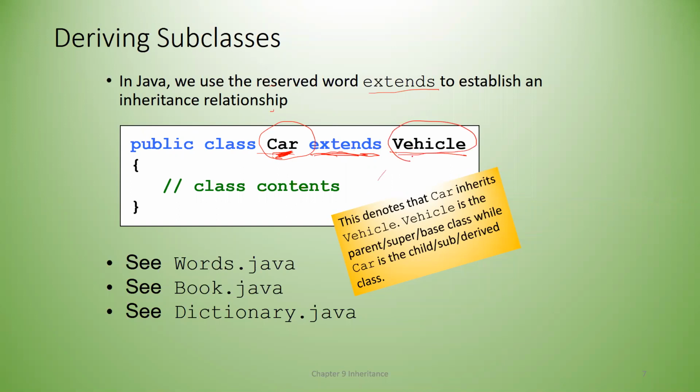You are extending it. You are adding more to this class. So this is saying car is extending the vehicle class. A car is adding more attributes and behaviors to the vehicle class. That's what this is. Okay, any questions, everybody?